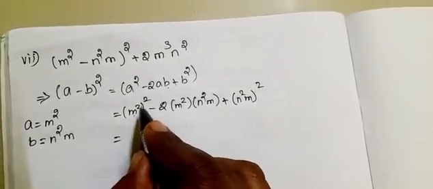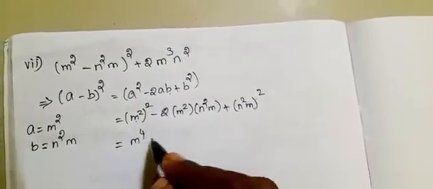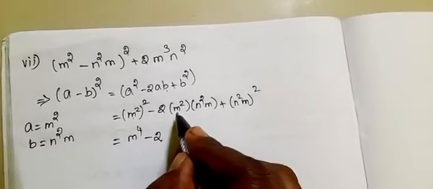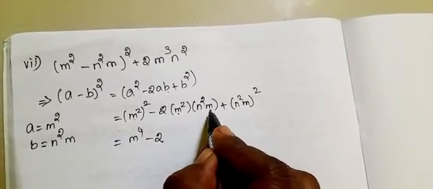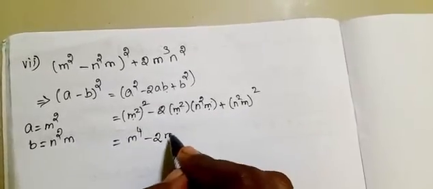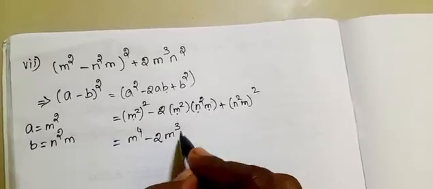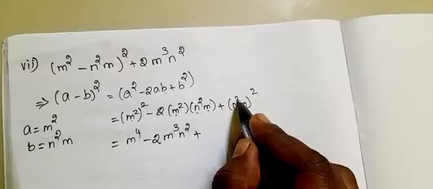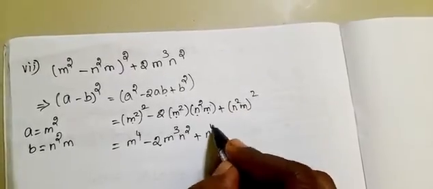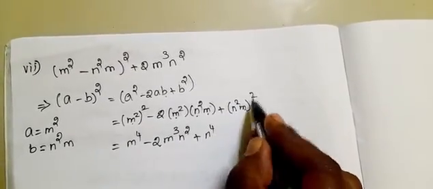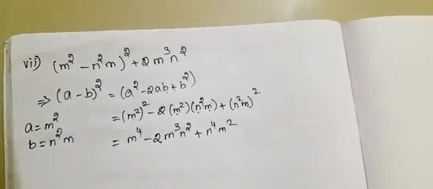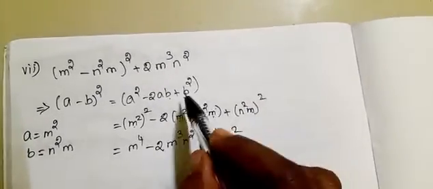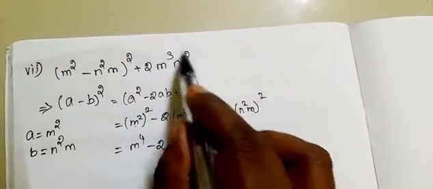So m power 2 again power of 2 is m power 4, minus 2 m power 2 again m power 1, so m power 3, then n power 2, plus n power 2 again power of 2 is n power 4, m power of 2 is m power 2. Then there is a term which we left out.